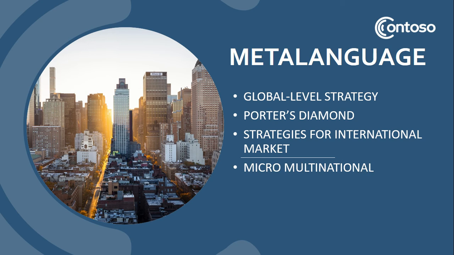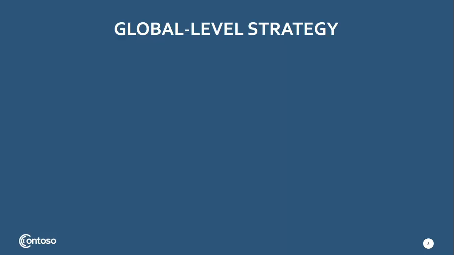Then, the micro multinationals are small organizations that maintain a hub in a domestic economy but use the internet to reach customers who are spread out across global markets. And lastly, strategic alliances and partnerships are formal and informal associations and collaborations between independent organizations.